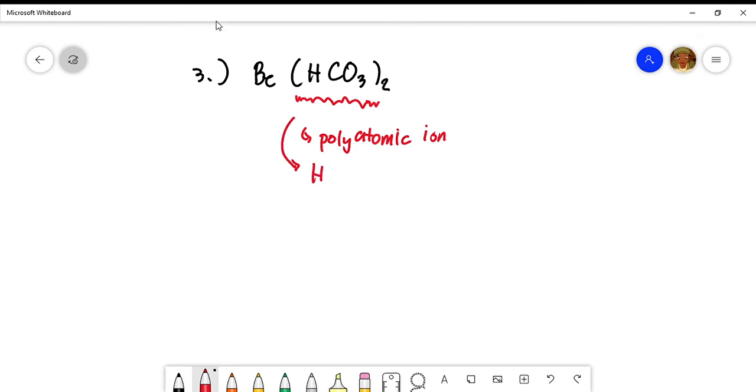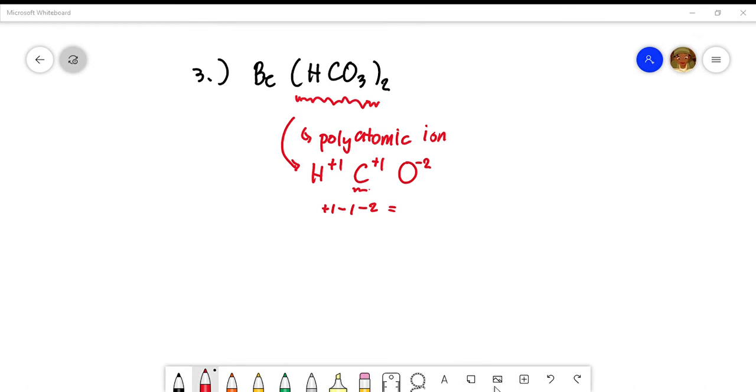We have H. We know that H is positive 1, and our O is surely negative 2. So C must have been negative 1. So plus 1 minus 2 is equal to, no, this carbon here should have a positive charge.